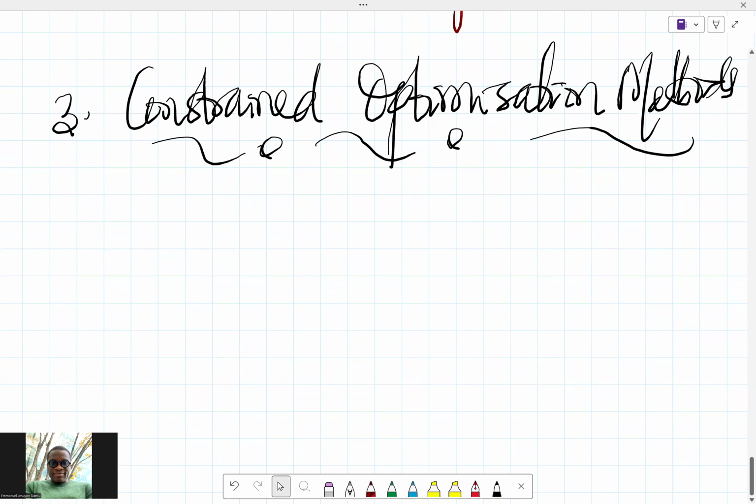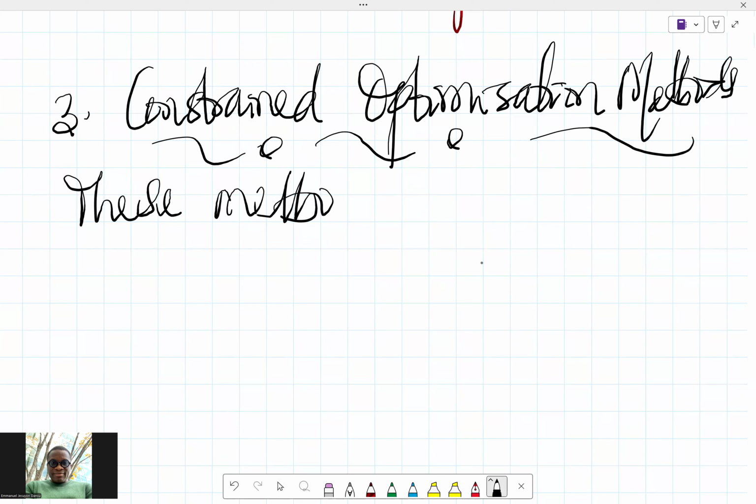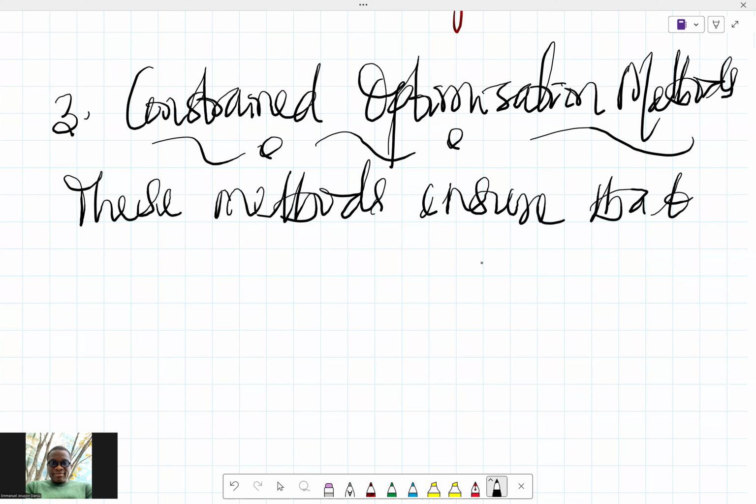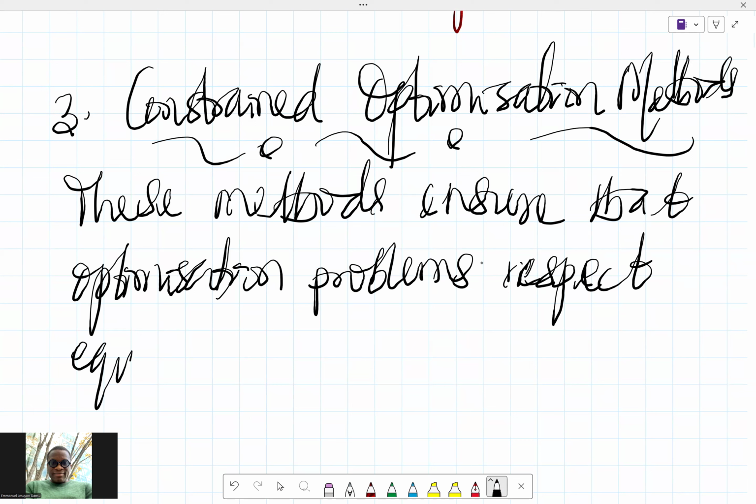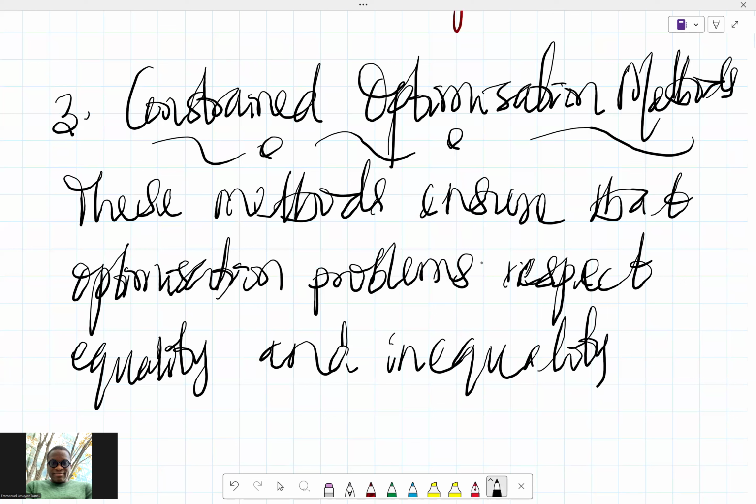These methods ensure that the optimization problems respect equality and inequality constraints.